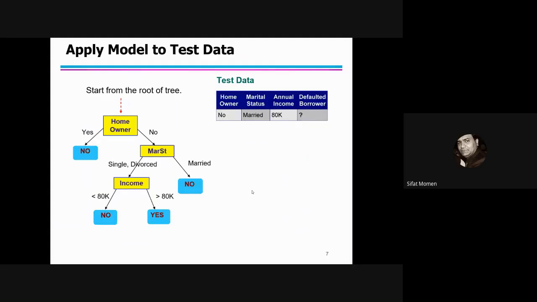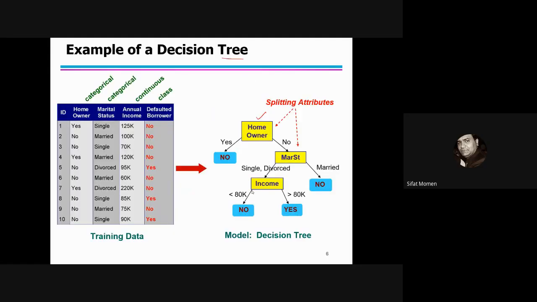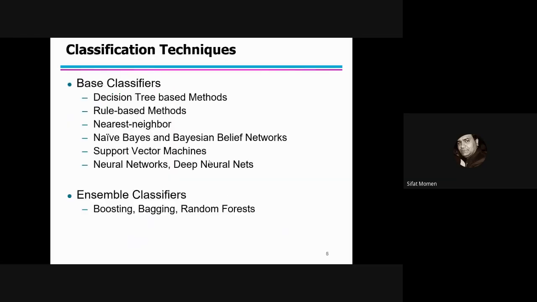Now, how can you use the decision tree to make a deduction? Let's imagine this is your training data, and from the training data you learned this model. So this is the induction technique, right? What is induction?